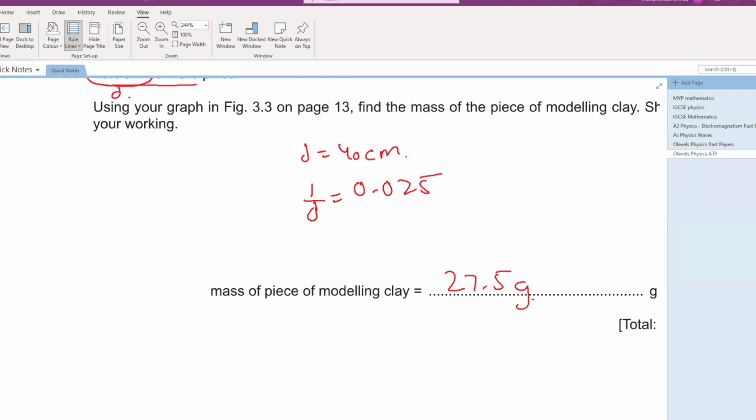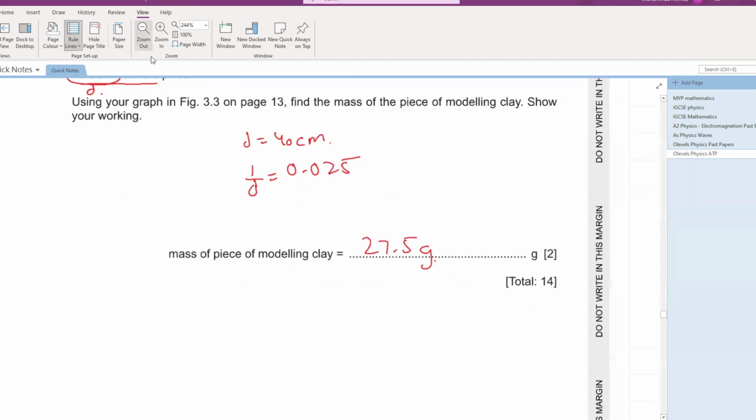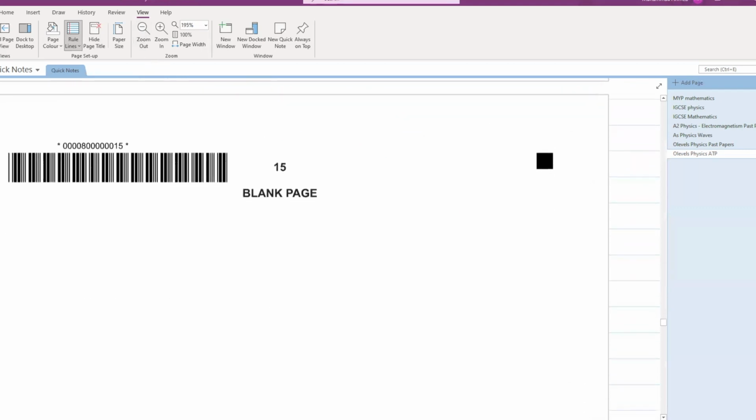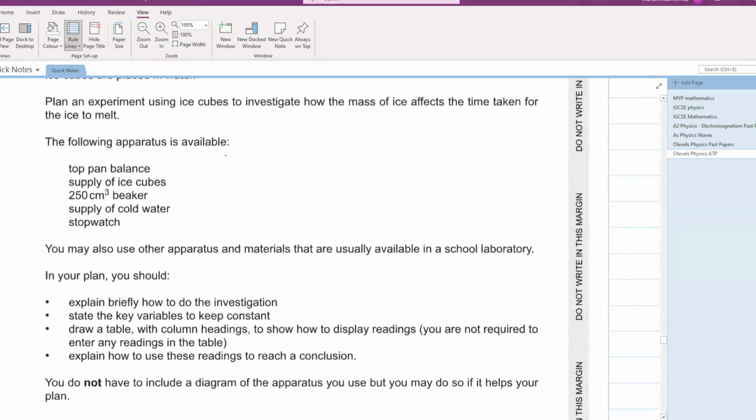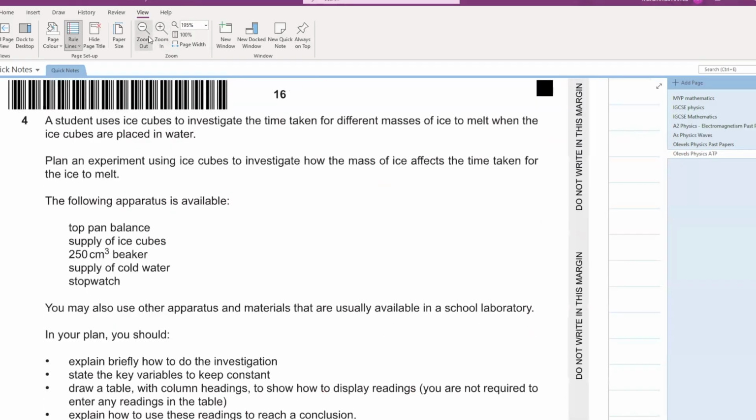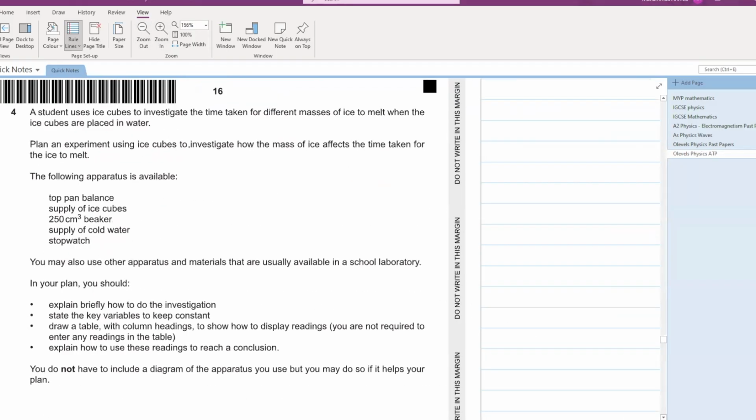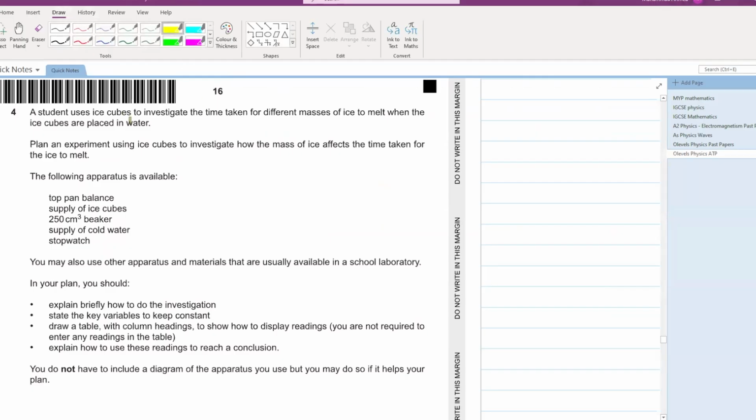Chalo. Let's move ahead to the next question, and the question that students find the most difficult, that is question number 4. Let's see this. A student uses ice cubes to investigate the time taken for different masses of ice to melt when the ice cubes are placed in water.